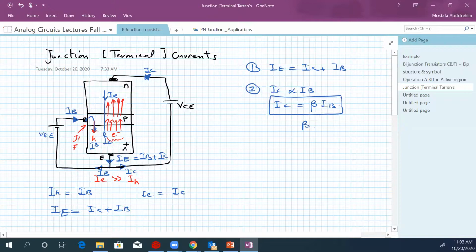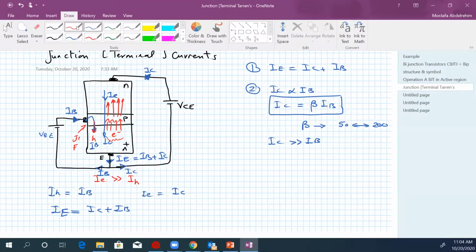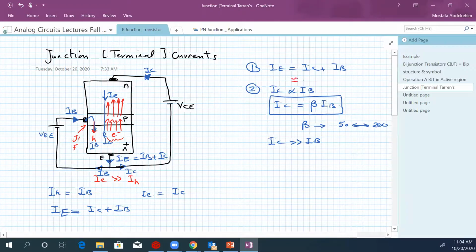And beta is practically between 50 and 200. Can be 100, can be 150, whatever. And that means the current IC is much, much larger than the current IB. So sometimes they just equate IE to IC. Sometimes, not all the time. Okay?